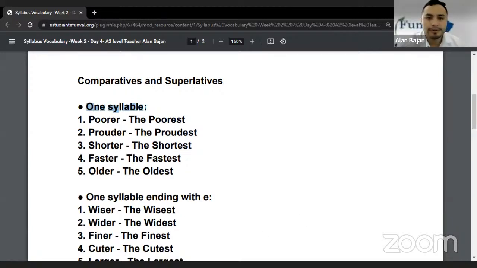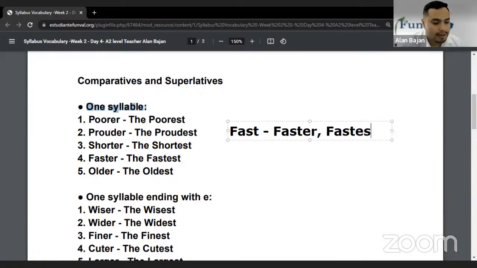So the first rule says, class, if I have an adjective of one syllable, I only add ER for comparatives and EST to the superlatives.